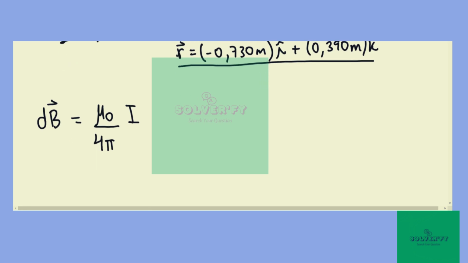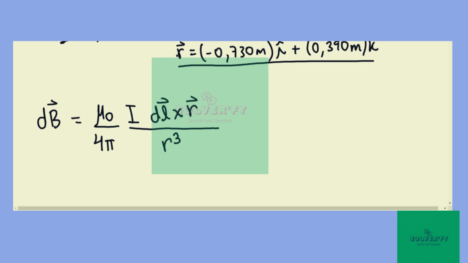And the equation is also the cross product between the current element and the position vector, over the distance cube.